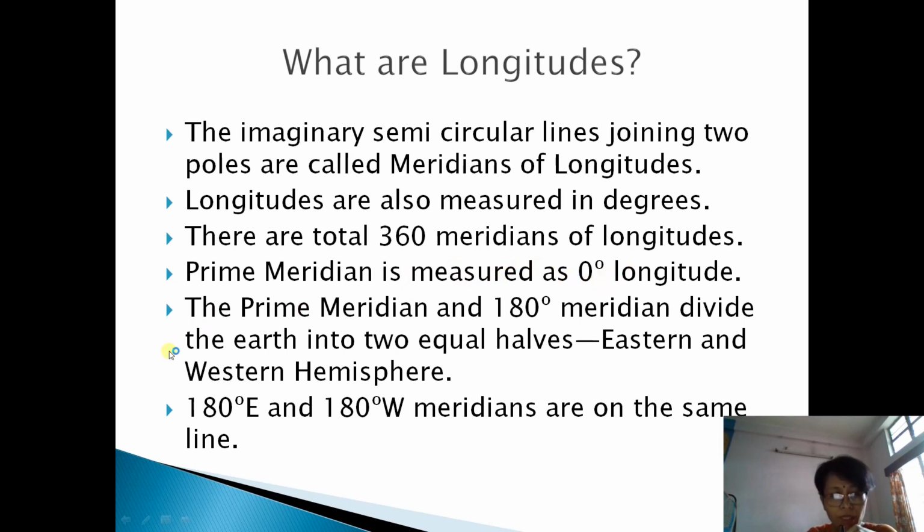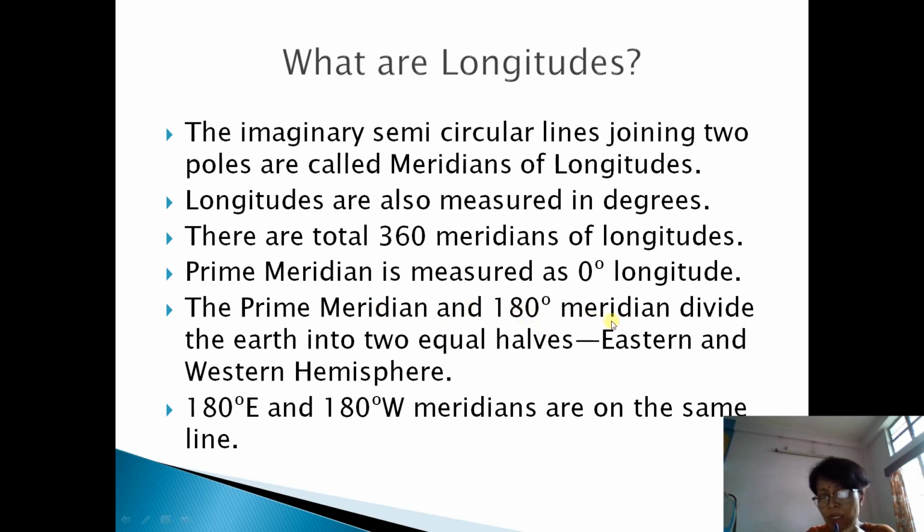It is measured as 0 degree longitude. The prime meridian and the 180-degree meridian divide the earth into two equal halves, the eastern and western hemispheres. So already you have got another two hemispheres. Who divides the earth into northern and southern hemispheres? That is the equator. Now again you have the prime meridian along with the 180-degree meridian.